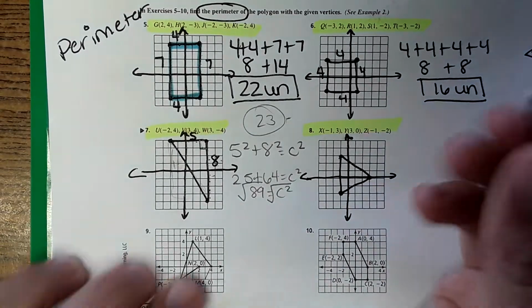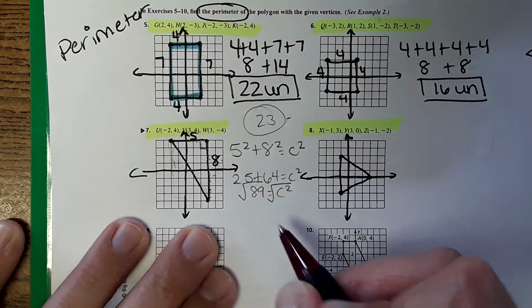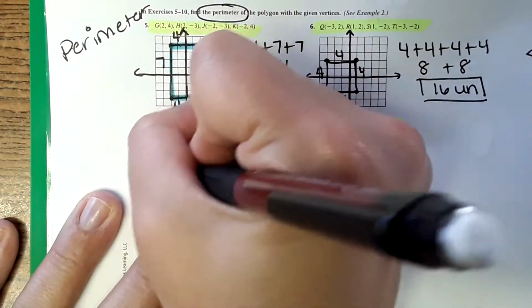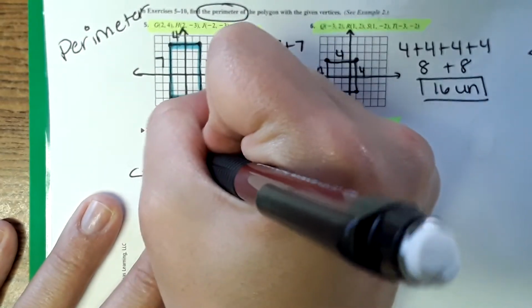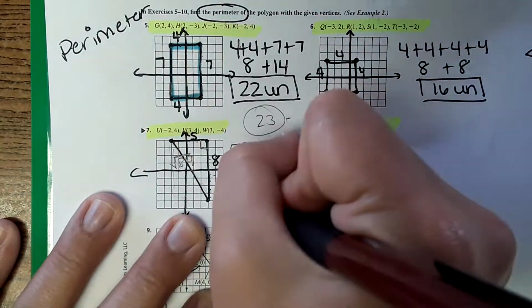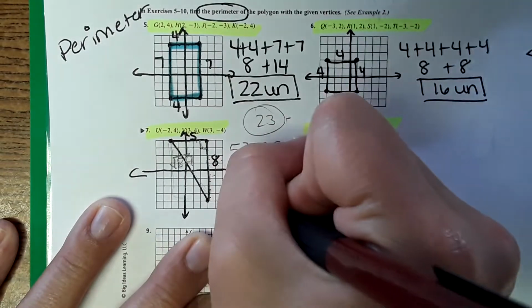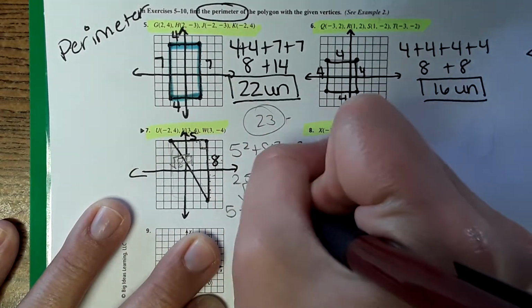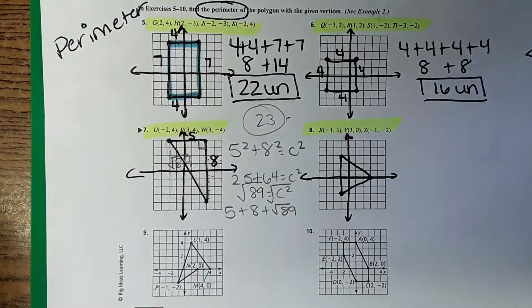Okay, square root of 89. So this is square root of 89. It's not a pretty number, but it is what it is. We're going to say the perimeter is 5 plus 8 plus square root of 89. And then we're going to solve it for an answer.